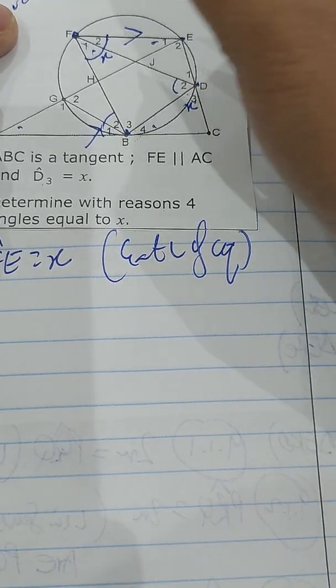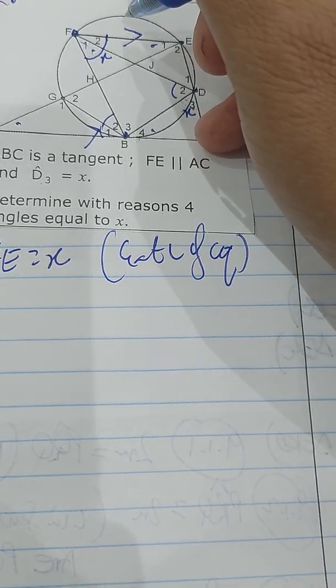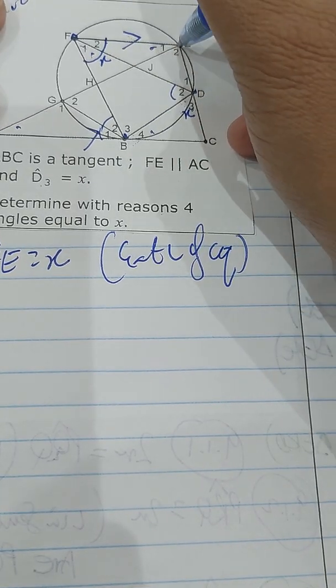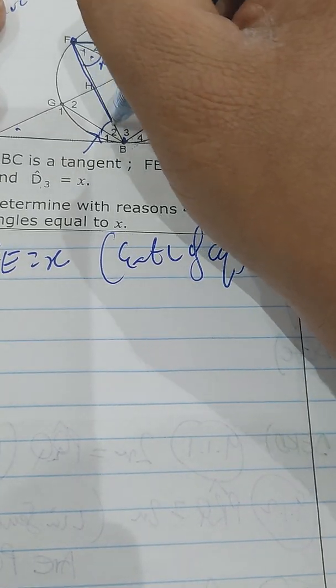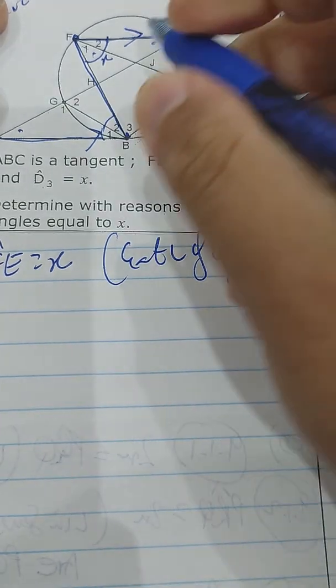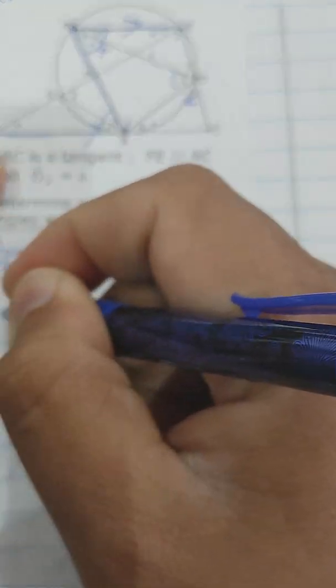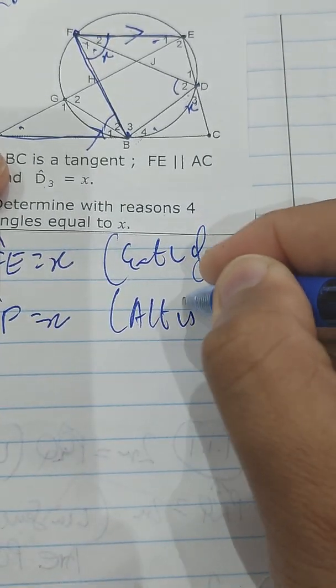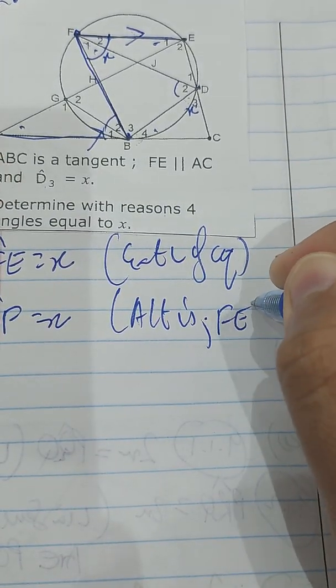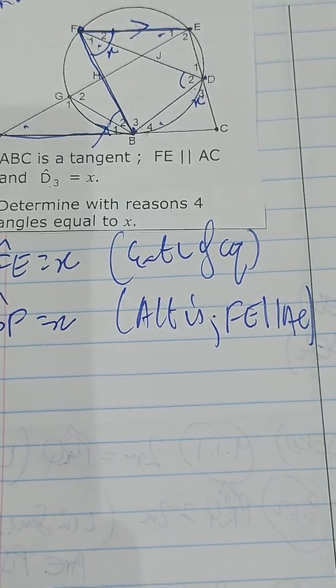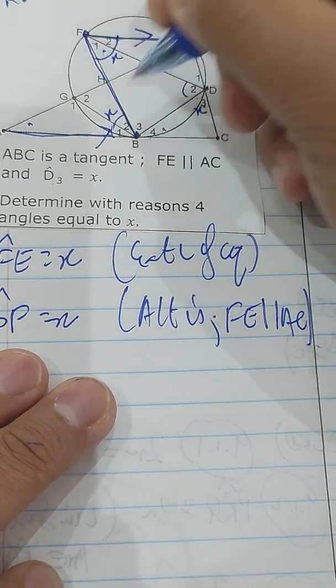Alright, so there's an x. Now these lines are parallel. So we can say that if lines are parallel, alternate, corresponding, and co-interior angles can apply. So the sum of B1 and 2, which is ABF, is also equal to x. Why? It's alternate angles with FE being parallel to AC. Okay, so there's an x here.